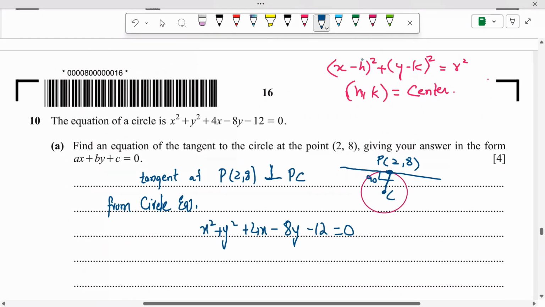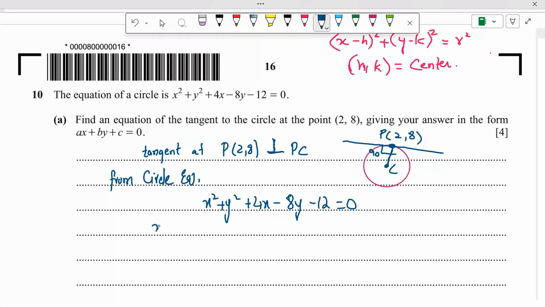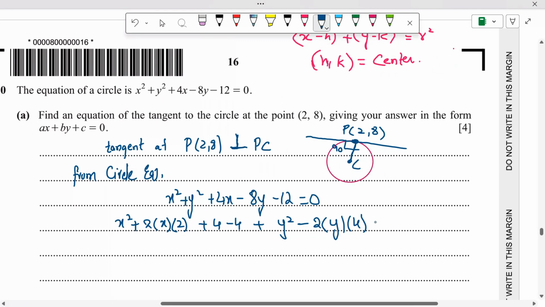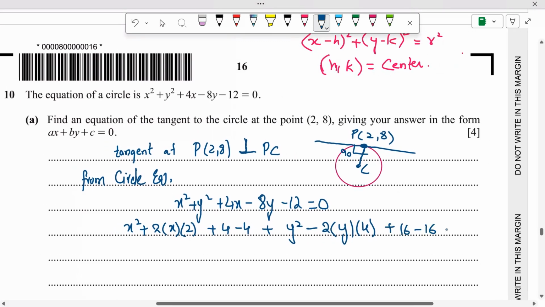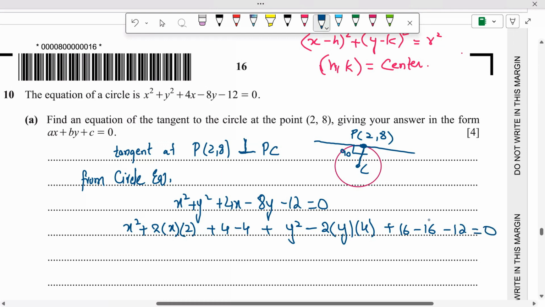Try to make it (x − h)². So x² + 2ab means x² + 2 times x times 2, plus 4 minus 4. Similarly, to complete the square for y² − 8y, we use y² − 2 times y times 4, plus 16 minus 16, and −12 = 0.